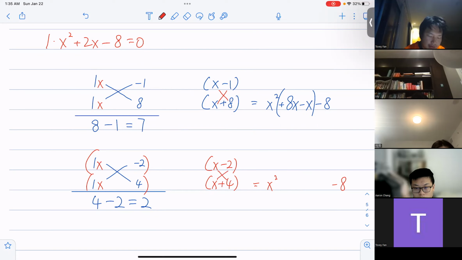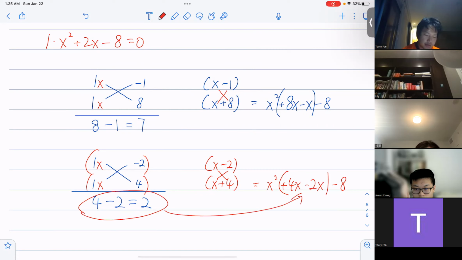Cross multiply: x times 4, 4x. x times -2, minus 2x. This part is the reason why 4 minus 2 equals 2. This simply means 4x minus 2x equals 2x. This is the part where you generate the linear term, the middle term.